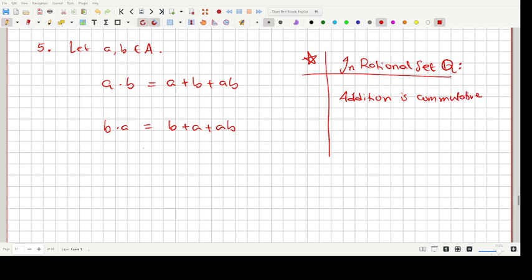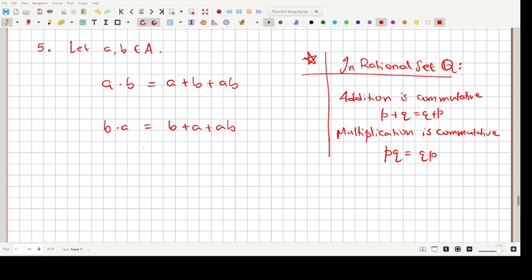Okay, and the multiplication of two numbers is also commutative. So addition is commutative. So let's take an example. So maybe P and Q. So P plus Q will be Q plus P, and multiplication, let's take the same numbers here. So PQ will be equal to QP, correct?